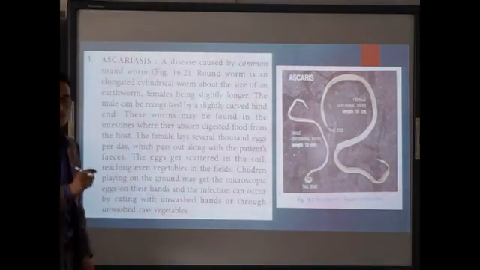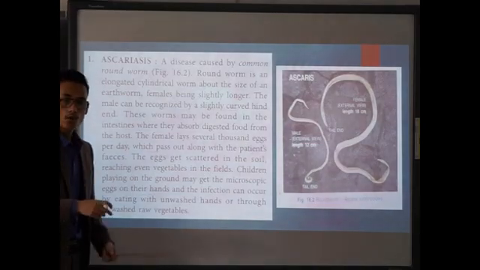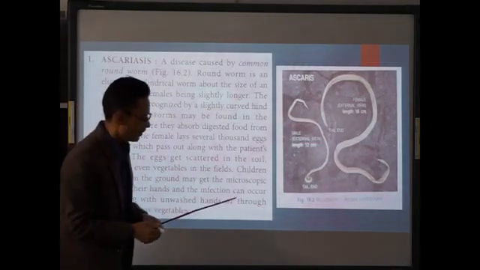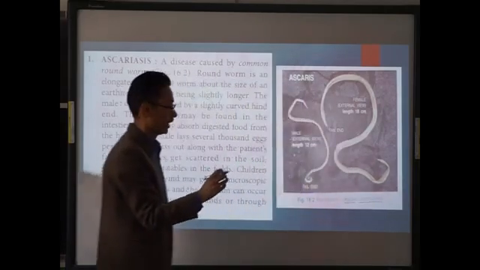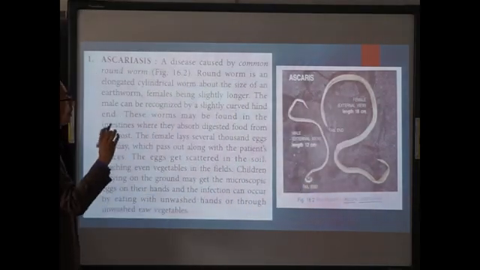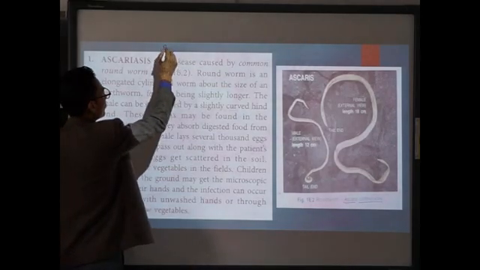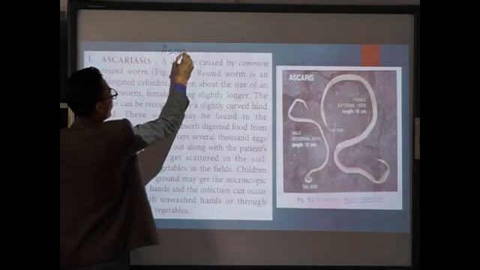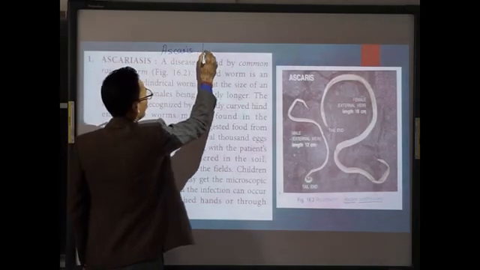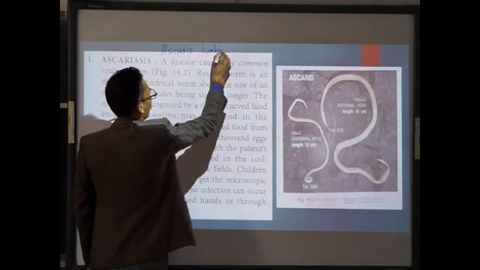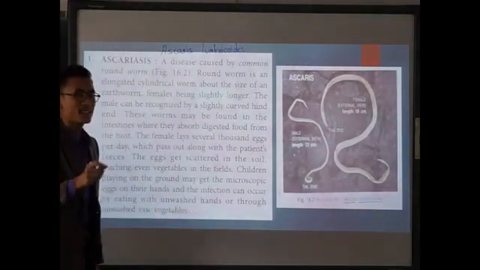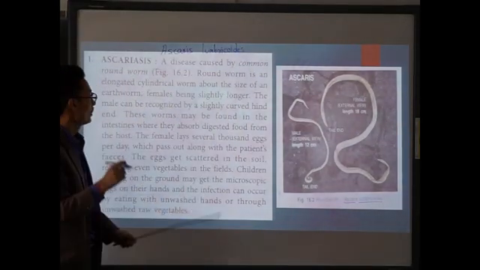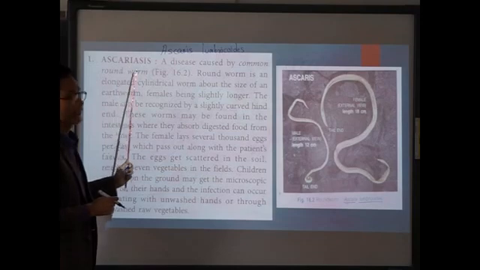Kindly remember the scientific name of the common round worm. The scientific name is Ascaris lumbricoides. So Ascaris lumbricoides will cause the disease called ascariasis.